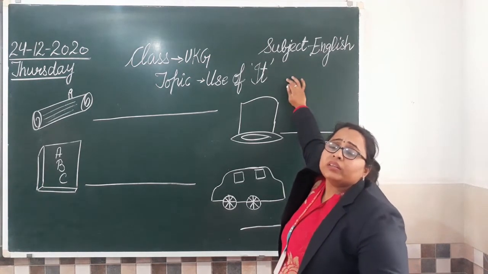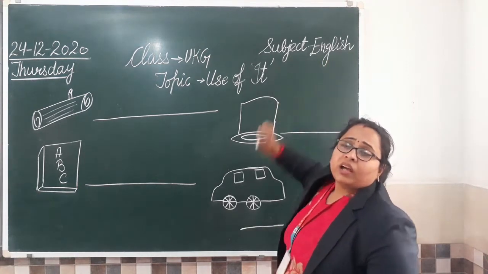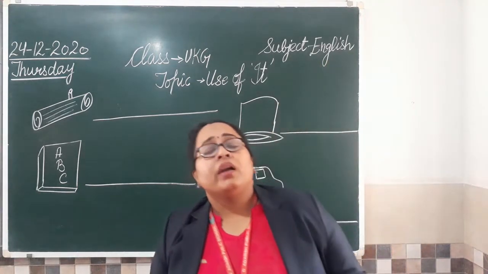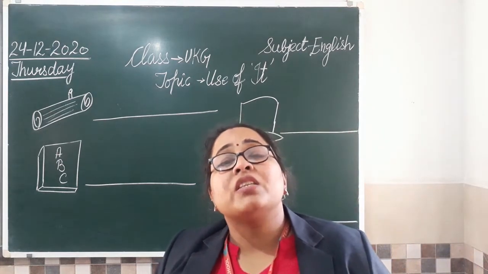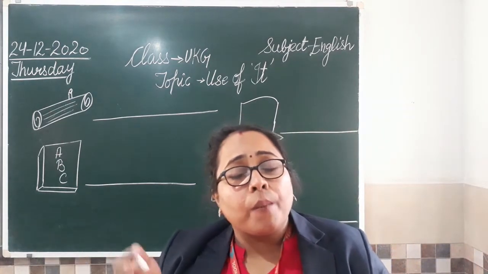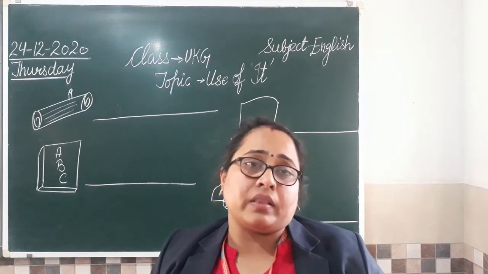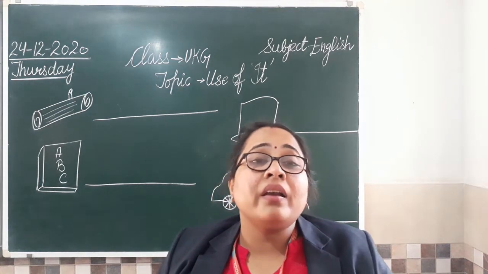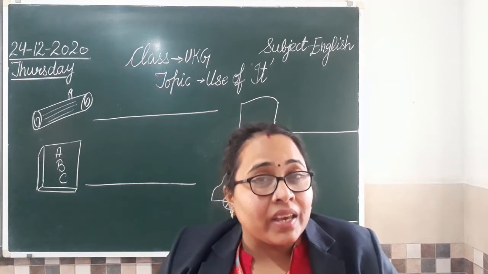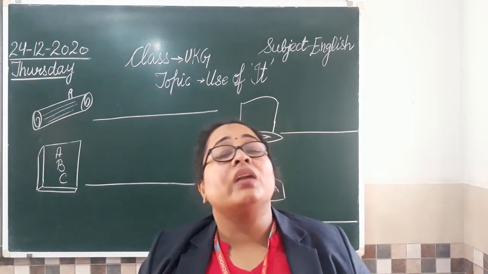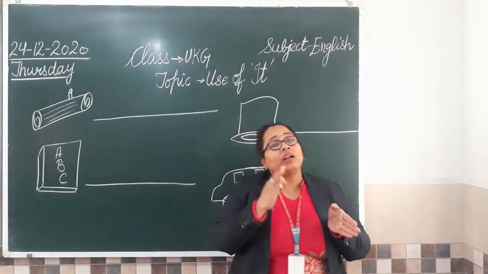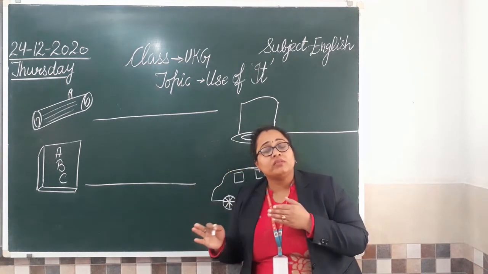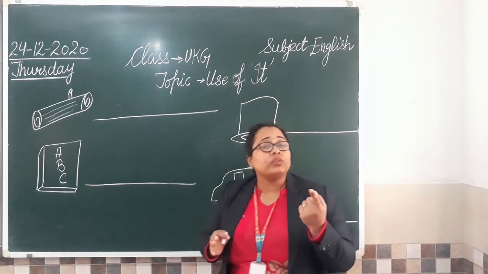You remember we did this topic in English class, and while doing this topic I told you that we use it with some specific objects. कुछ specific objects के साथ ही हम it को use करते हैं. These objects are non-living things. Yes, now I am connecting it with your EVS. EVS में मैम ने आपको सिखाया था what are living and what are non-living things. So non-living things कौन से होते हैं?